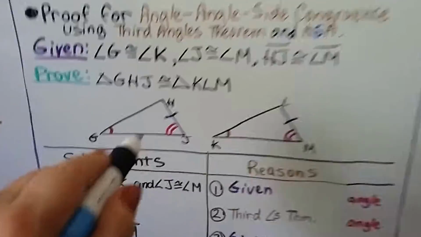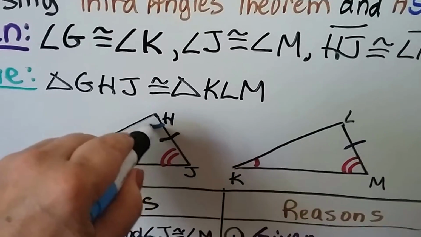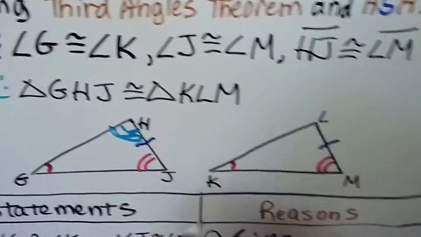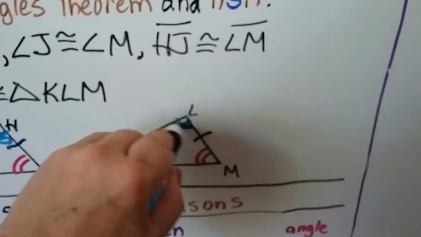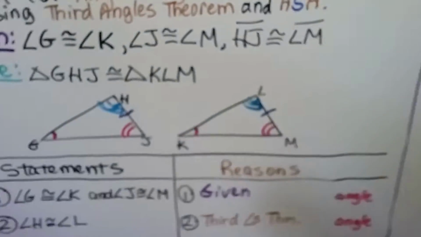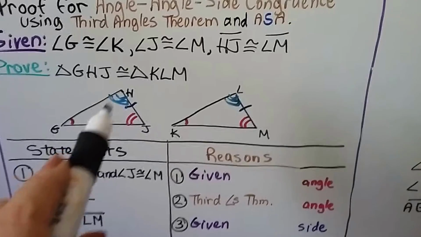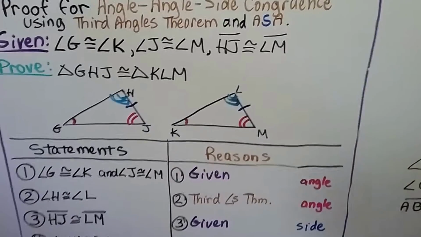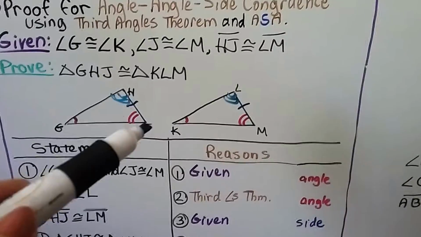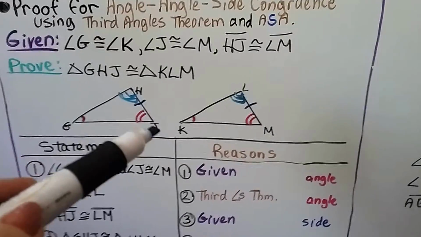So now we can say that we've got a third angle that's congruent, right? So now we know H and L are congruent. Guess what? We've got an angle side angle. We've got ASA.